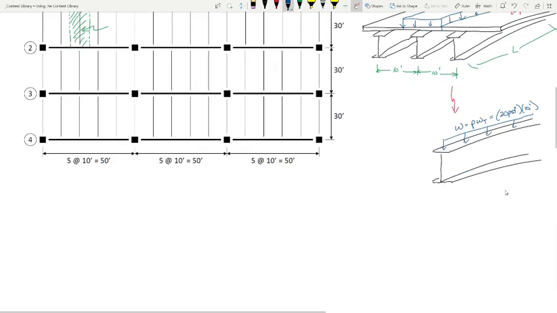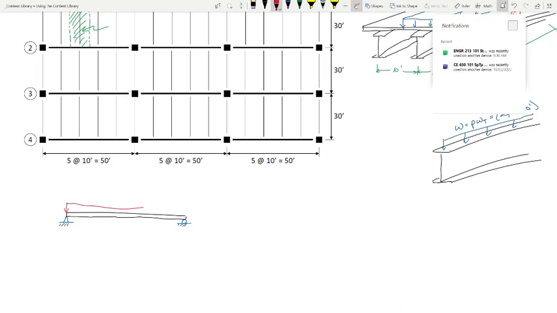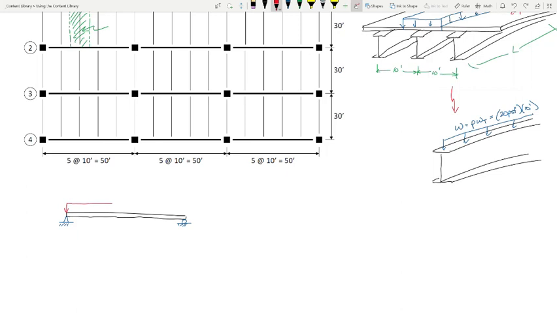So here's our analytical model. That's the analytical model for a beam.